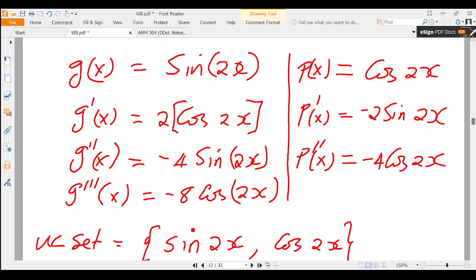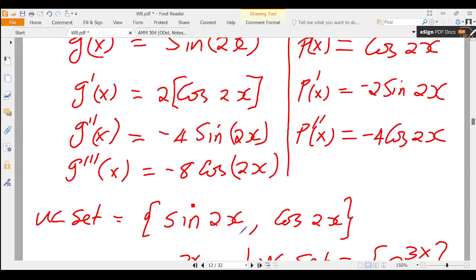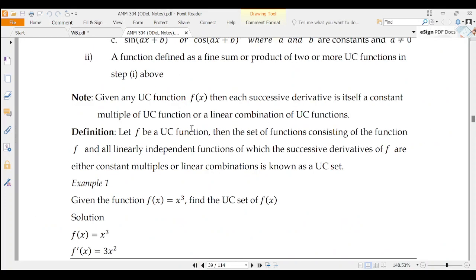So when determining the functions that arise from this function on differentiation, we would only see the cosine and the sine. So we would end up with the same set of functions having two functions, sine of 2x and cosine of 2x.